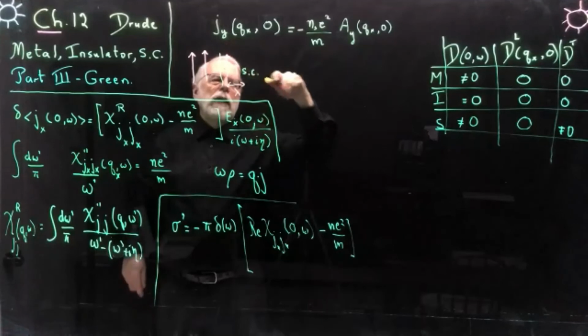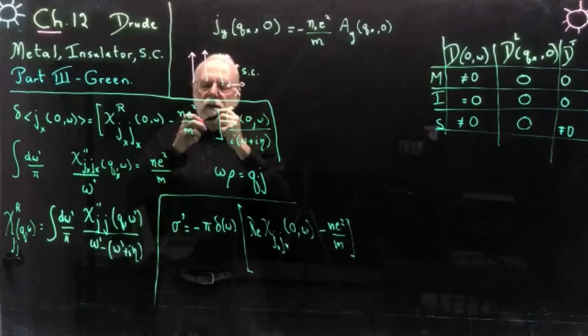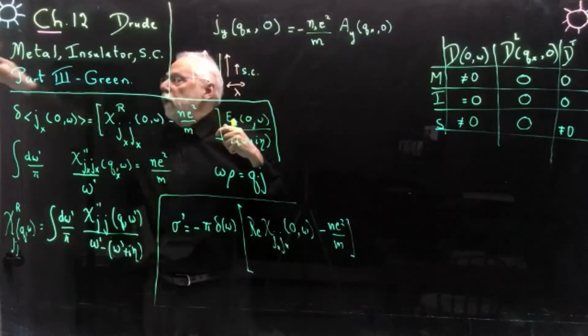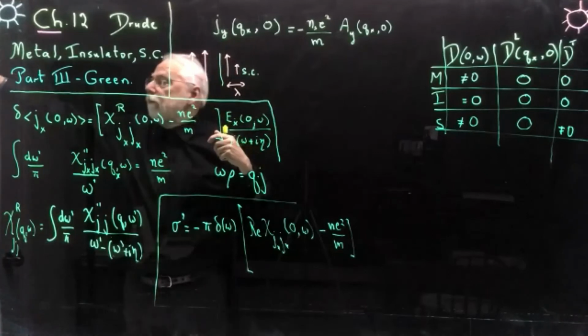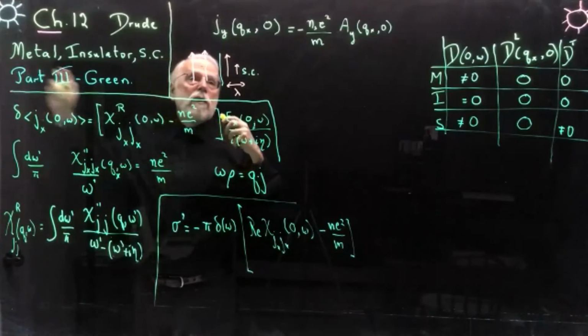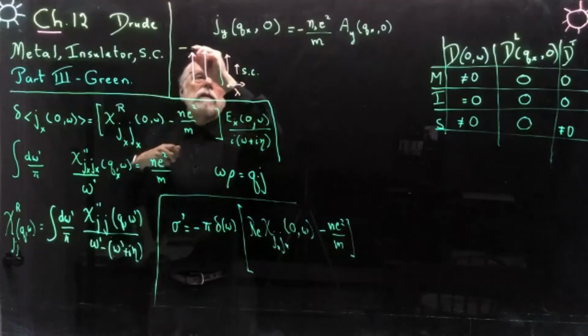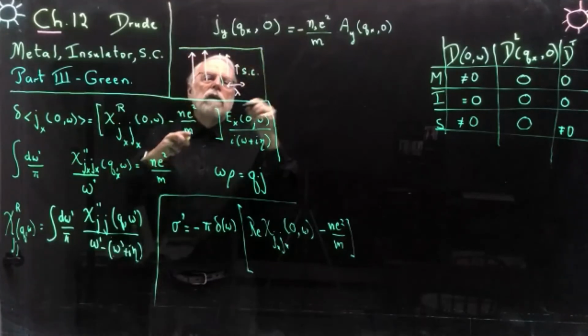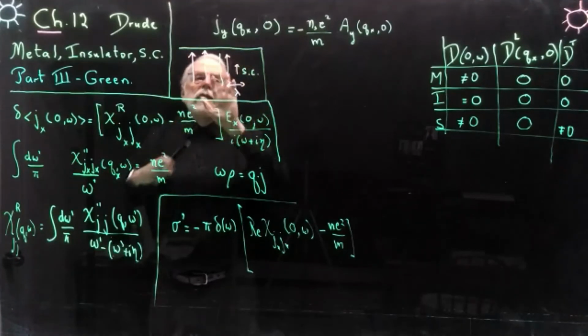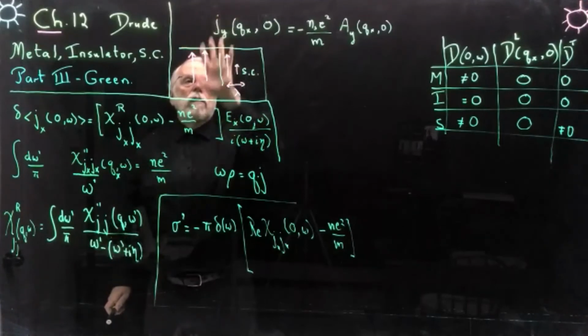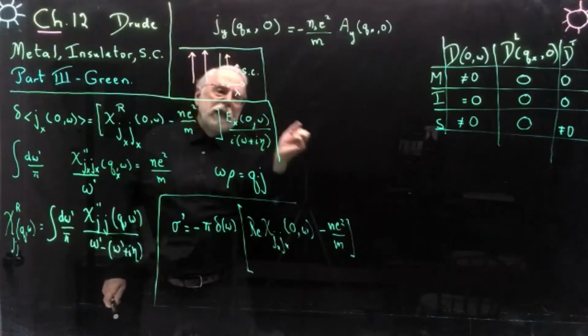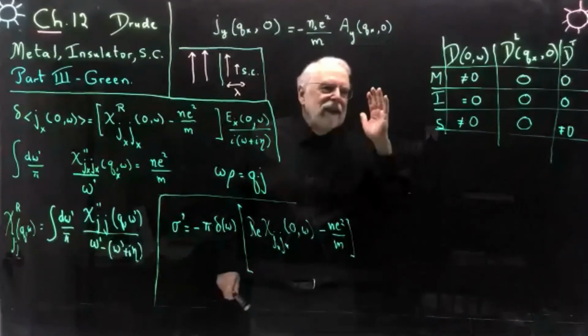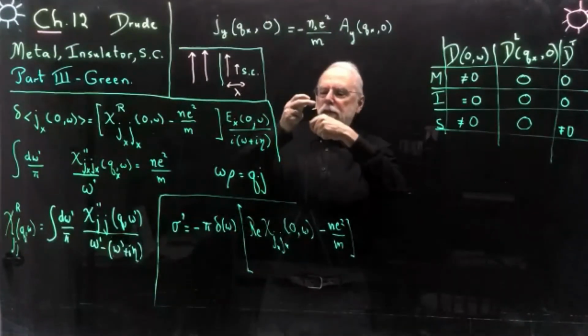It will decay exponentially with a length called lambda. It's called the London penetration depth. So you see, you have the field in the y direction, and in the x direction it varies. So that's the transverse response.